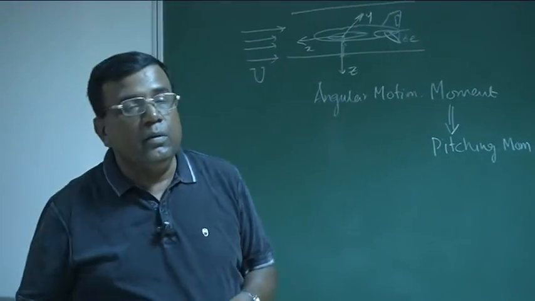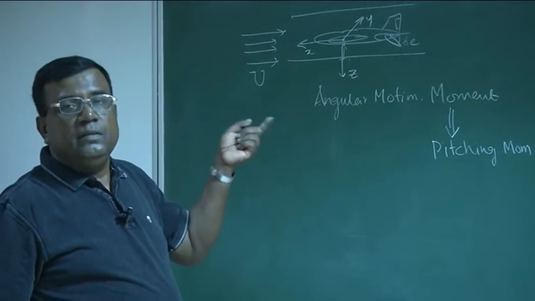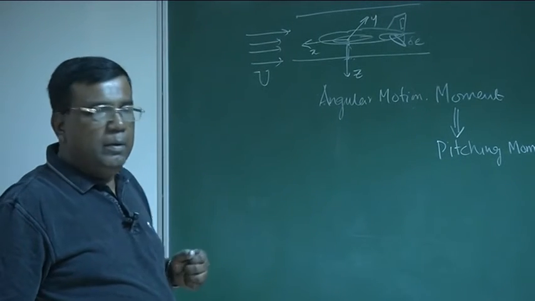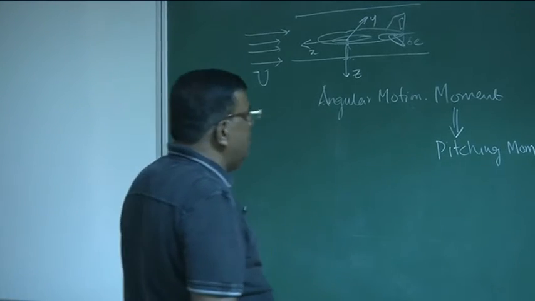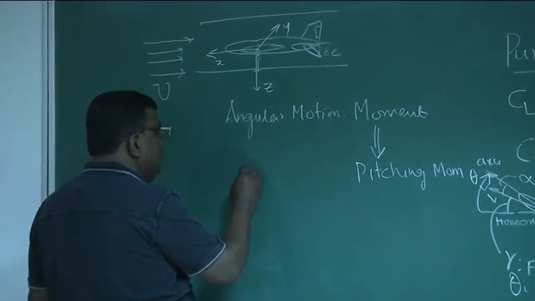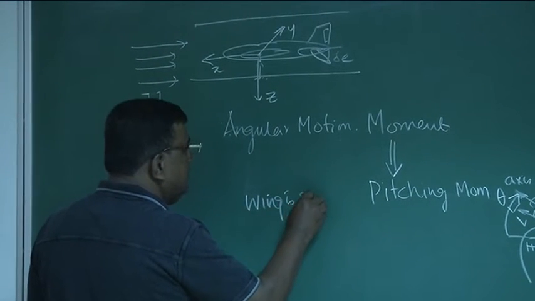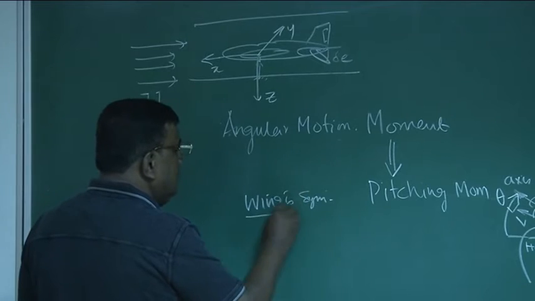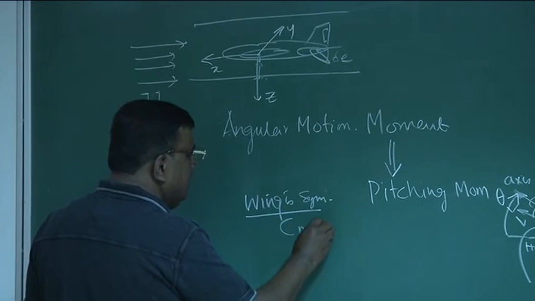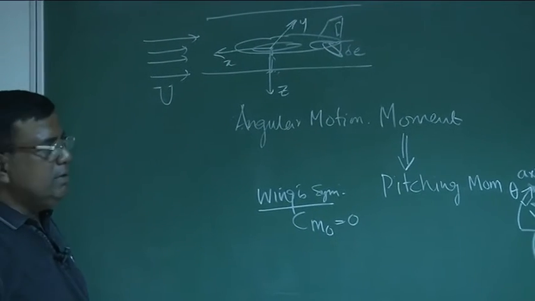So we are giving a small disturbance, and that was the basis of the small disturbance theory we developed earlier, so we are not violating that. Also we are assuming that the wing is symmetric, and for simplicity we take Cm naught equal to 0. It's just for algebraic simplicity.